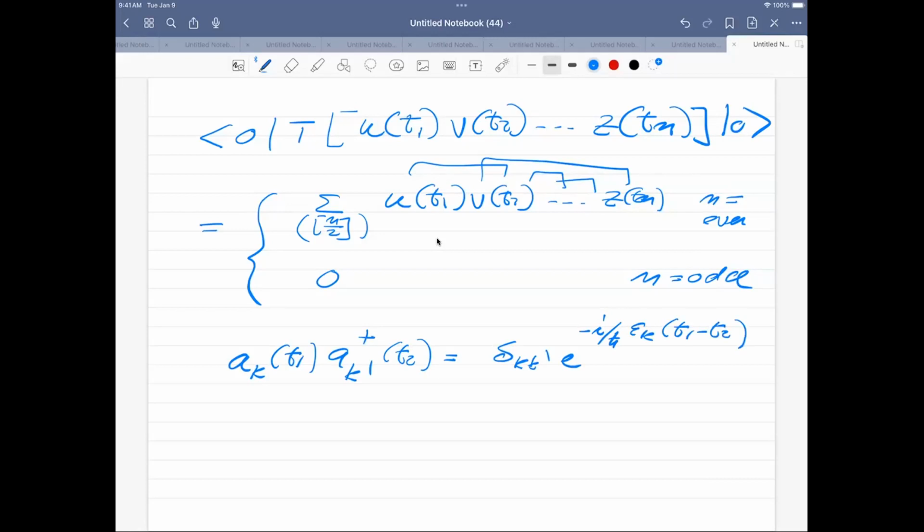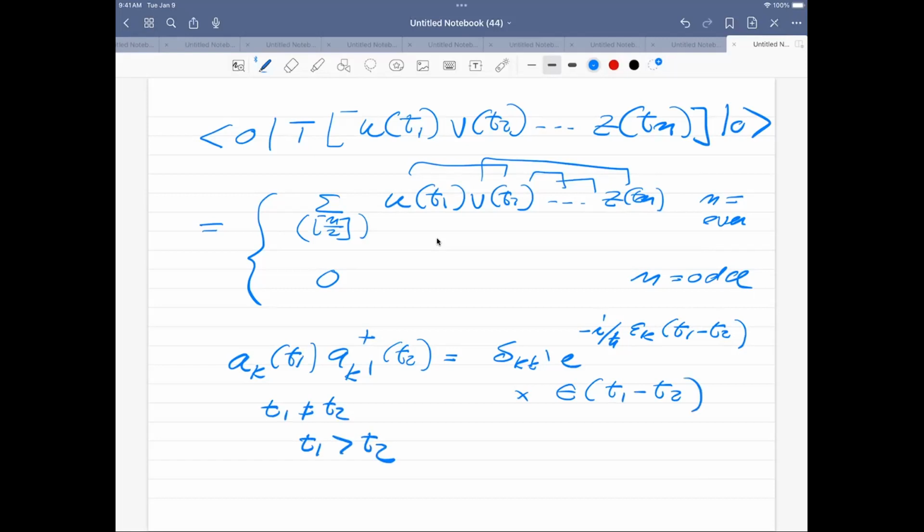And then to indicate that this is relevant for T1 larger than T2, I can multiply this one with a theta function of T1 minus T2. And I'm looking at the case now when T1 is different from T2. When T1 is equal to T2, this is trivial. And this applies to the case when T1 is larger than T2.